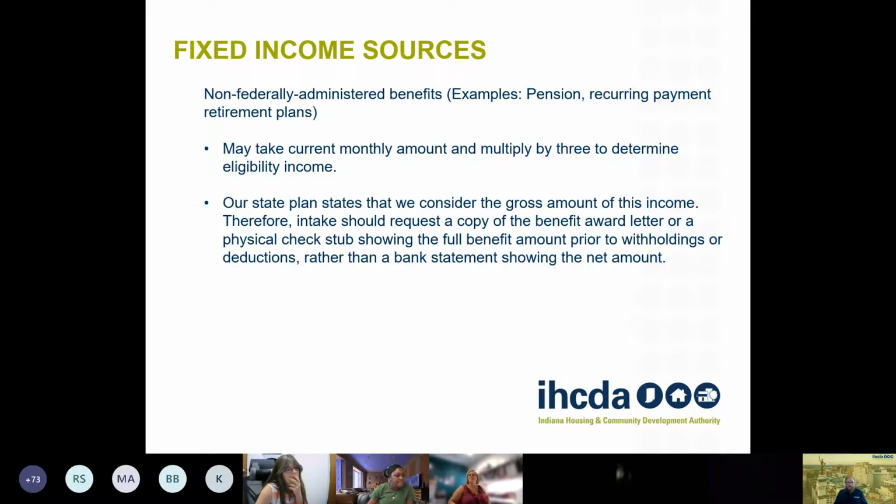You can just simply take it and multiply it by 3. Our state plan does indicate to the feds that we are considering the gross amount of this income. Therefore, you should request a copy of the benefit award letter or a physical check stub showing the full benefit amount prior to withholdings or deductions, if the applicant is able to provide it, rather than a bank statement.